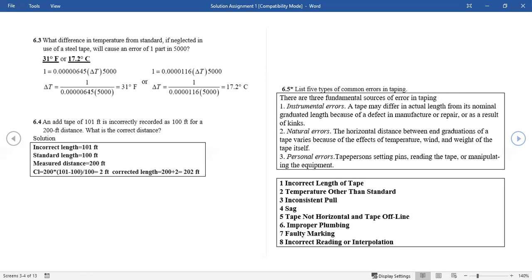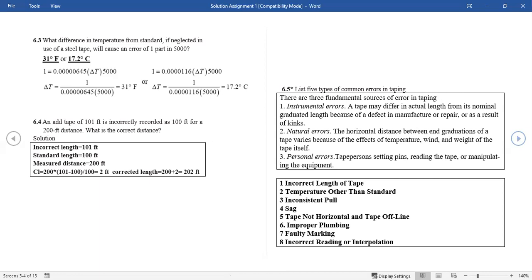Incorrect length is 101 feet. Standard length is 100 feet. So correction in length is simply the measured distance into the difference in length, standard and incorrect, divided by the total standard length. That comes out to be 2 feet. And since the error is 2 feet, the actual distance will be 202 feet.